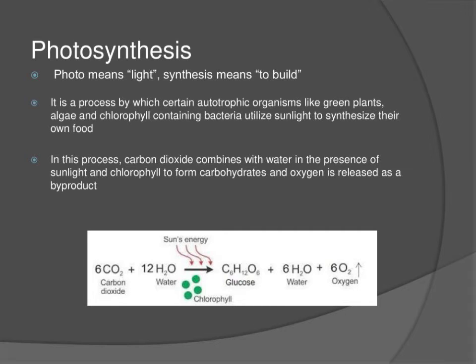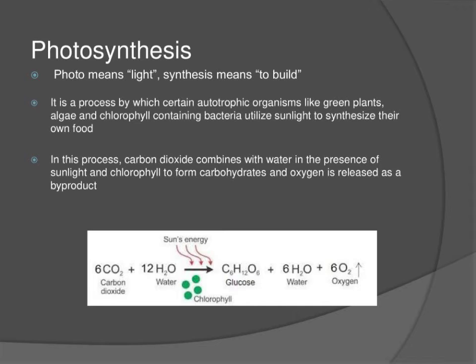You could refer to that equation. 6 CO2, carbon dioxide, combines with 12 H2O, water, in the presence of the sun's energy, which is nothing but sunlight, and chlorophyll. This chlorophyll pigment is already present in the plants, to form C6H12O6.